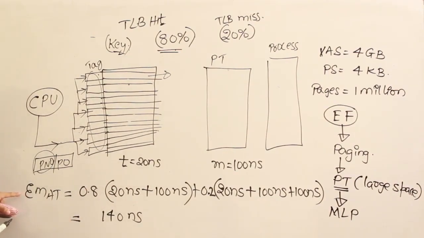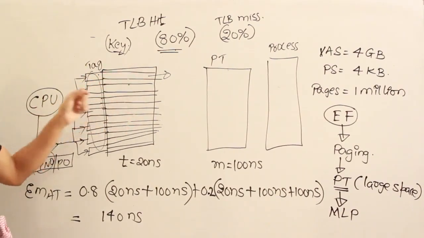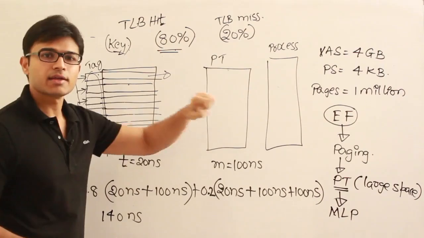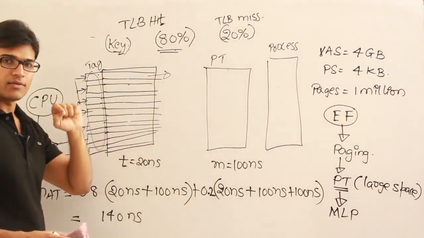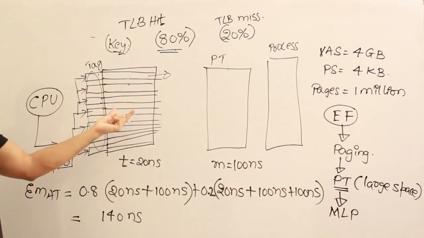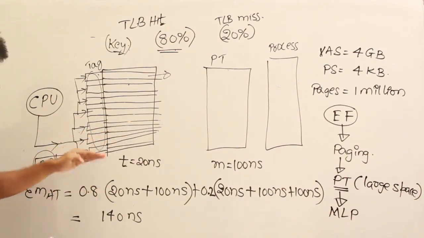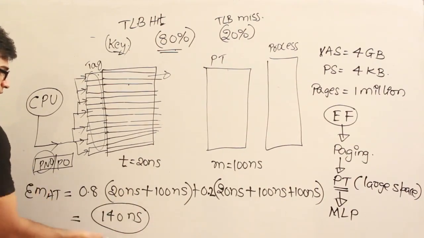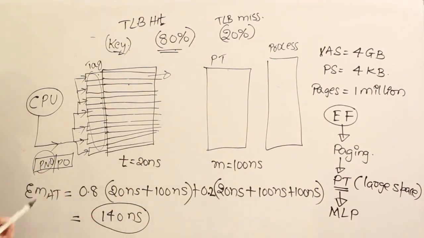So anyway, what I mean to say is, if I don't have the TLB concept at all, then I have to go through main memory 2 times in order to get any word. In that case, how much time will it take? 200 nanoseconds. But by using the TLB concept, I have reduced the time taken to access the memory, right? So on average, the time taken will be 140 nanoseconds, which is close to 100, not close to 200.